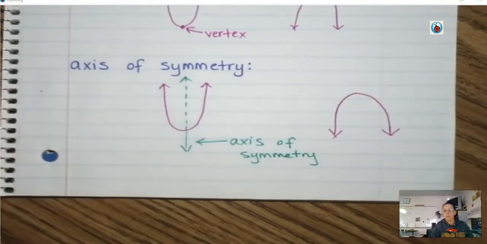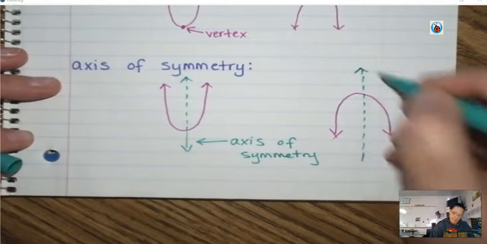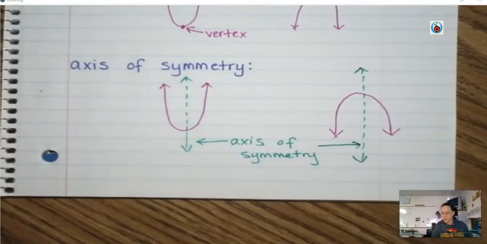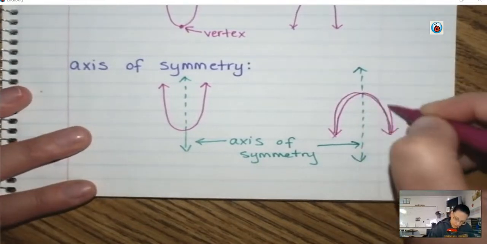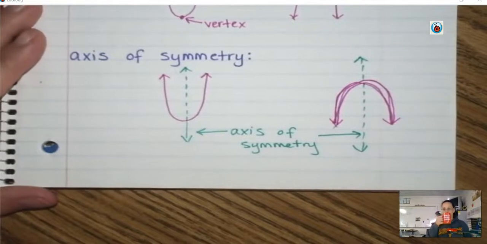Oops, that is not a pretty graph. So it's the line that is cutting it exactly in half. We'll pretend like my graph is actually correct. So if you were to fold the parabola on top of each other, it's just like where that fold line would be.